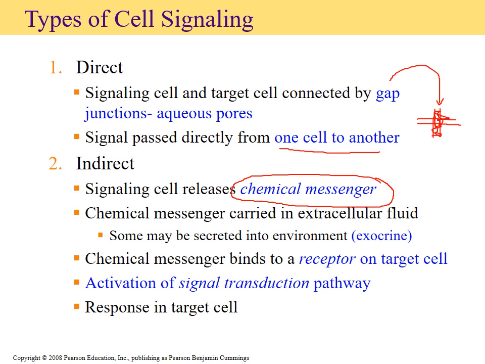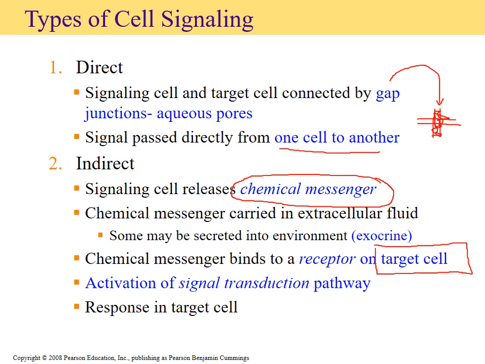And what we see happening is that it will need to connect with a target cell before the cell signaling pathway can be completed. The target cell will respond to the chemical messenger and will often induce things such as activating a transduction pathway, maybe increasing the permeability of the cell membrane, maybe adjusting the membrane voltage so it will induce depolarization or even repolarization, or you might even have a cascading effect of secondary messengers that might be activated based on the interaction between the messenger and the target cell.